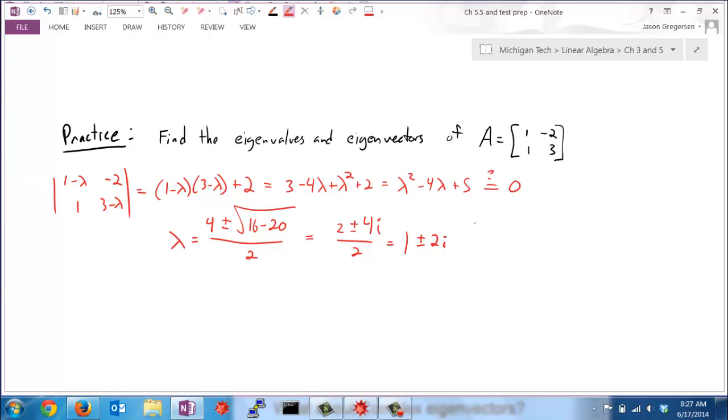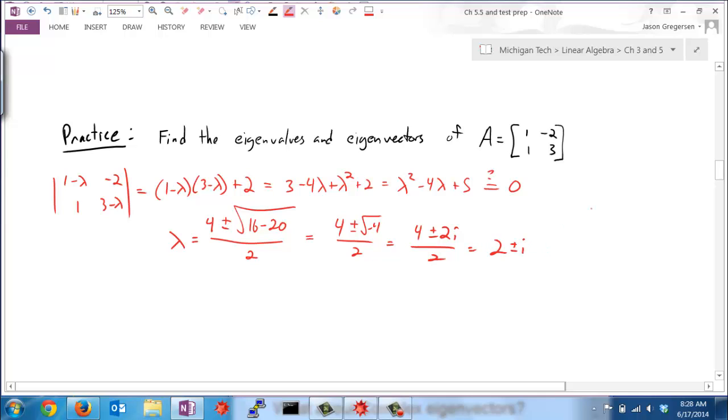I'm making stuff up on mine here. This should be 4. Now I changed it. This should be the square root of negative 4. Should be 4 plus or minus 2i over 2. 2 plus or minus 5.